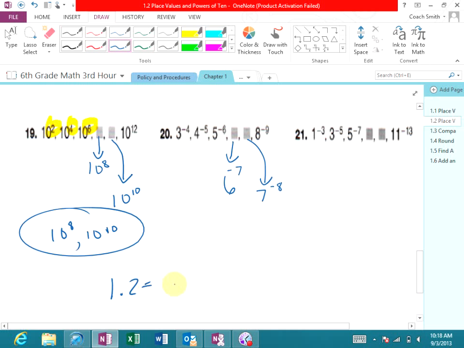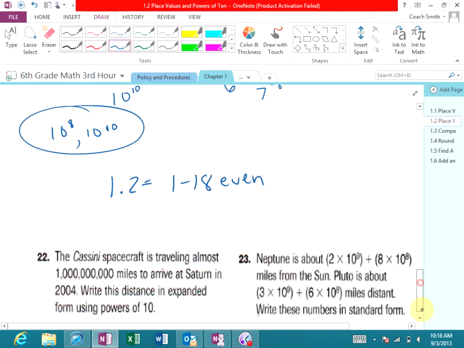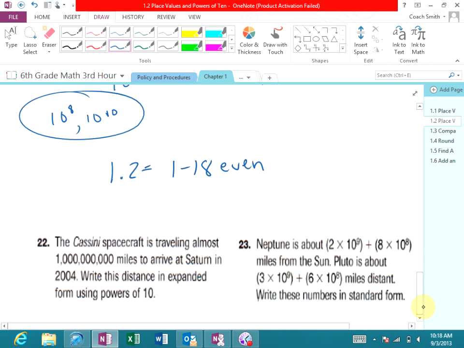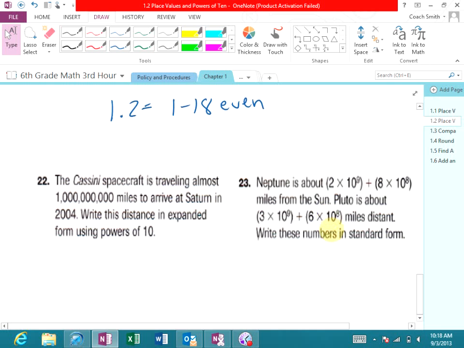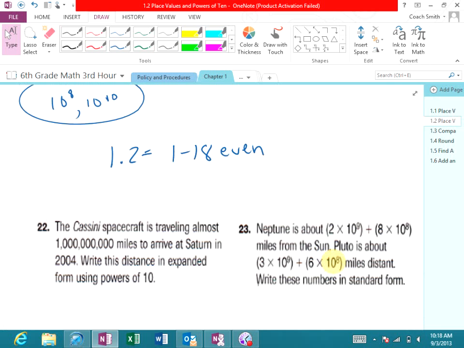We're going to go 1 through 18, even. Okay, 1 through 18 even. And then 19 through 24 all.